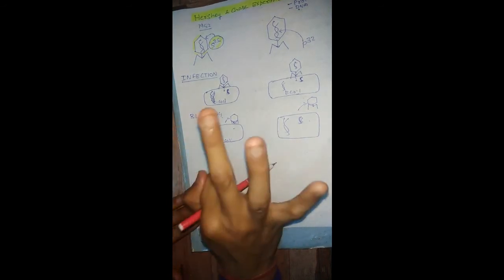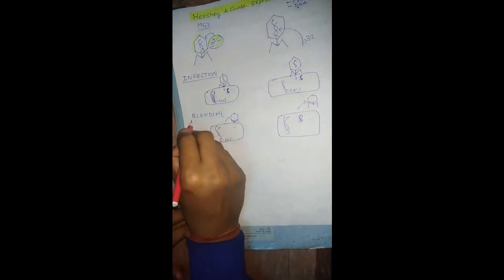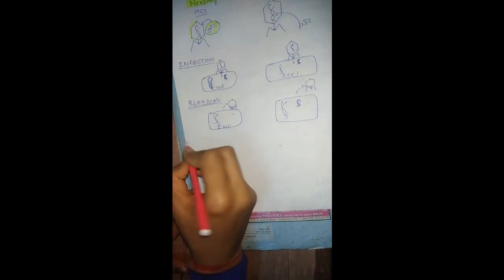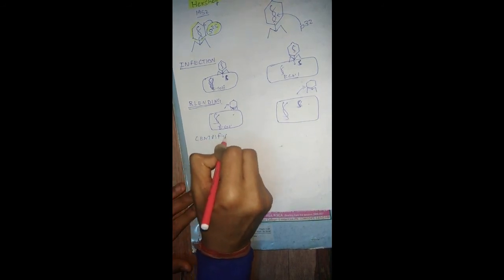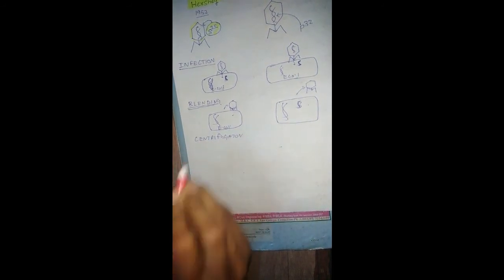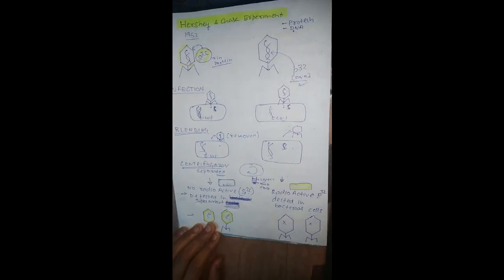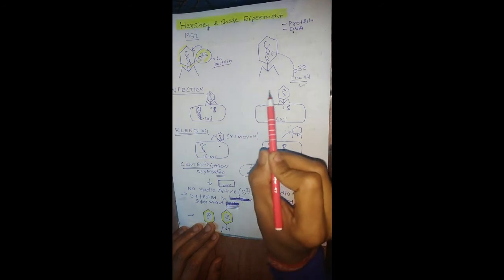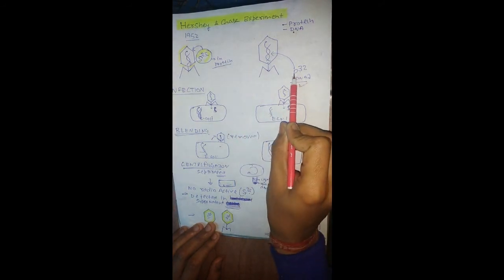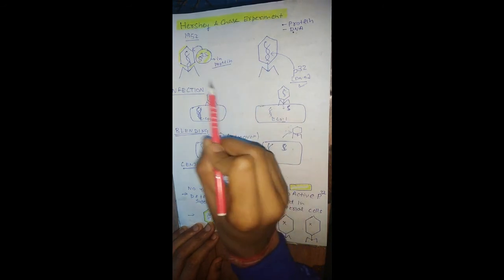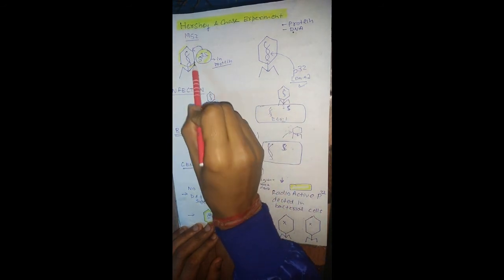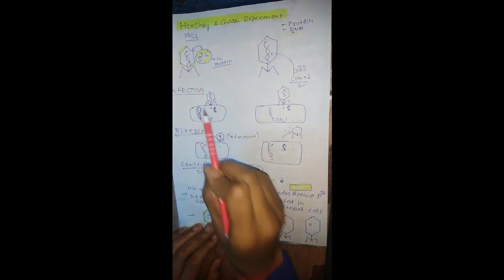Now comes the third and most important step, which will determine our final conclusion. That is centrifugation. So now what will happen? In centrifugation, we know that we have inserted phosphorus 32 in the DNA of the bacteriophage and sulfur 35 in the protein coat of the bacteriophage.